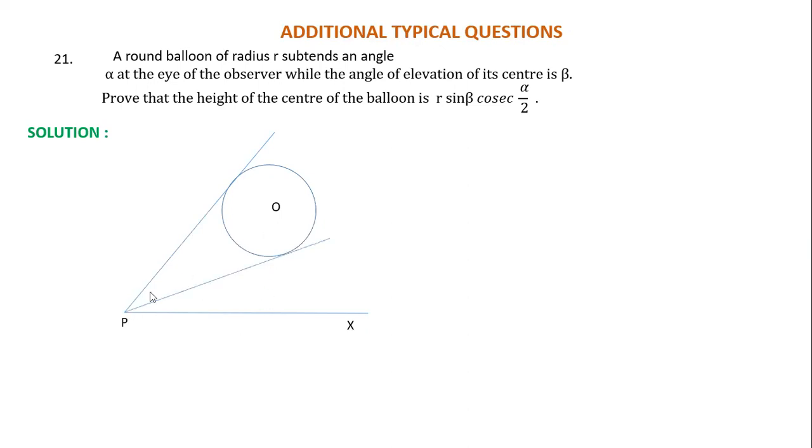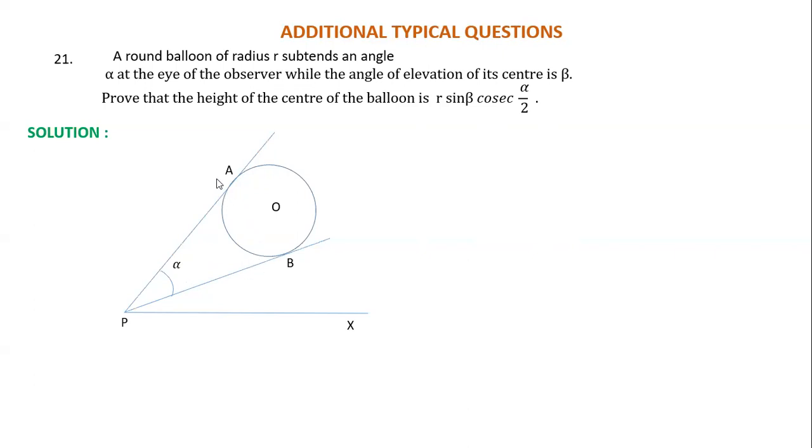Okay. This is a balloon. This is an observer. He looks at both the sides. That means it subtends an angle alpha with the eye of the observer. This is point A, this is point B, this angle is alpha.